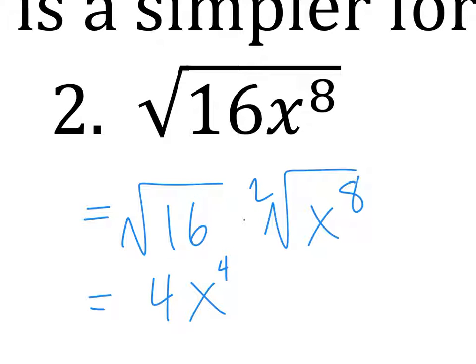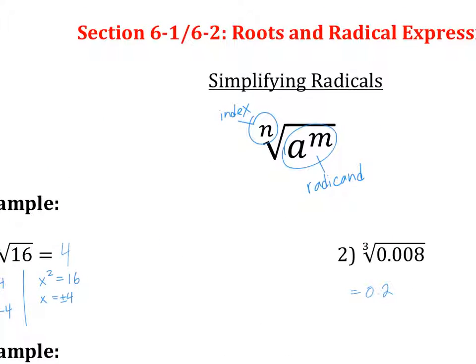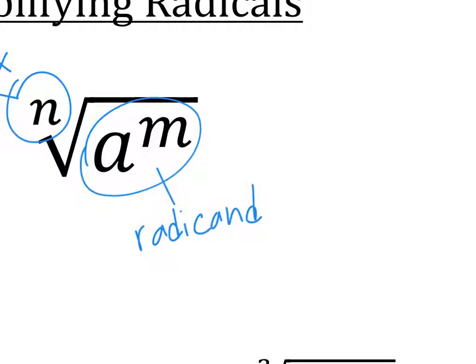Now, if you cannot see that, there's another way of doing this that may be a little easier. We're going to spend one section on it, but right now I'm just going to give you a trick to do your homework a little faster. You can write this square root or any kind of root as a fractional exponent.